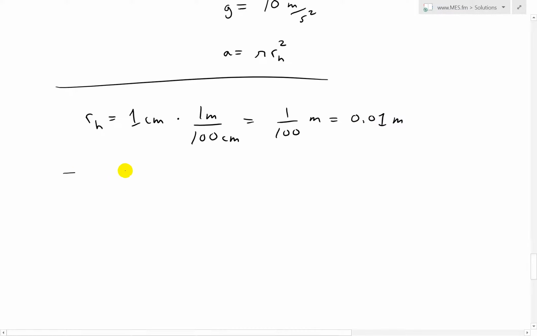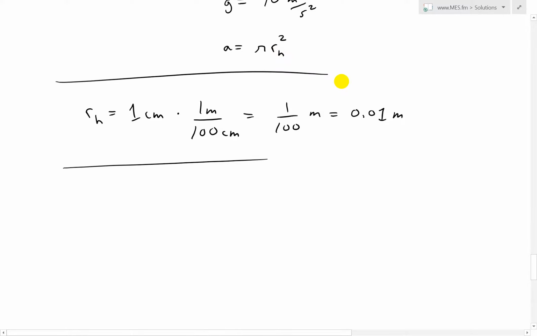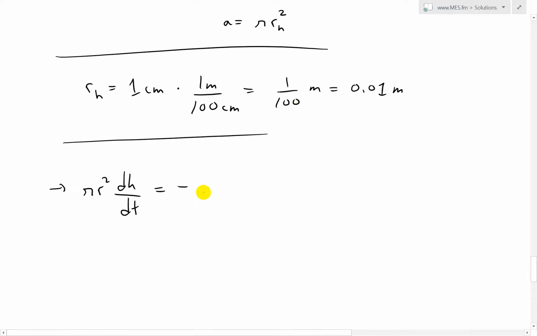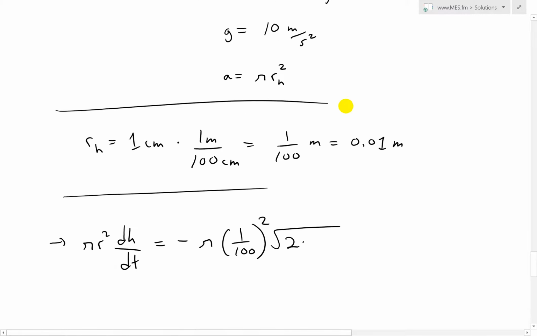Now let's plug in what we have. This A of h is pi r squared. So we get pi r squared dh over dt is equal to negative, and a is pi r_h squared, so pi times 1 over 100 squared, times the square root of 2 times g, where g is 10, times h.